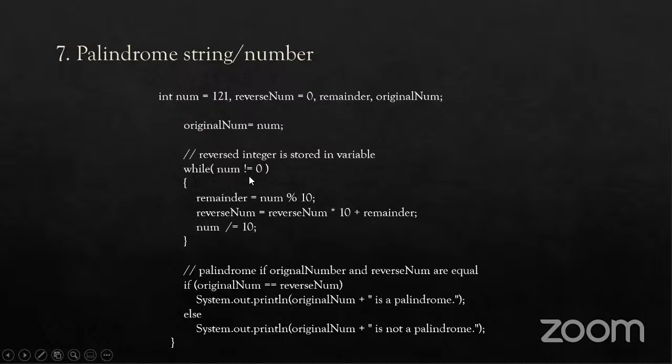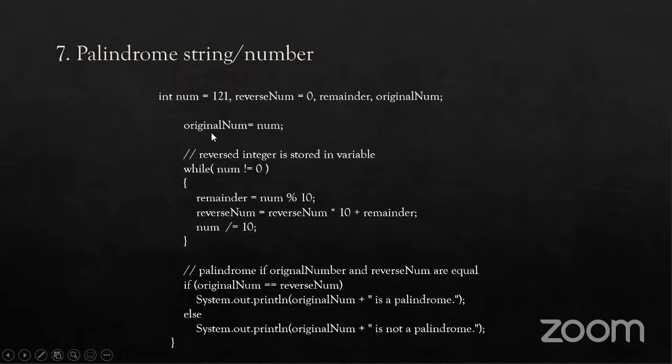So while number is not equal to 0, the same logic that we did in the reversing a number program. First we need to reverse that number. When reversing the number, we'll get the reversed number inside reverse num, right?